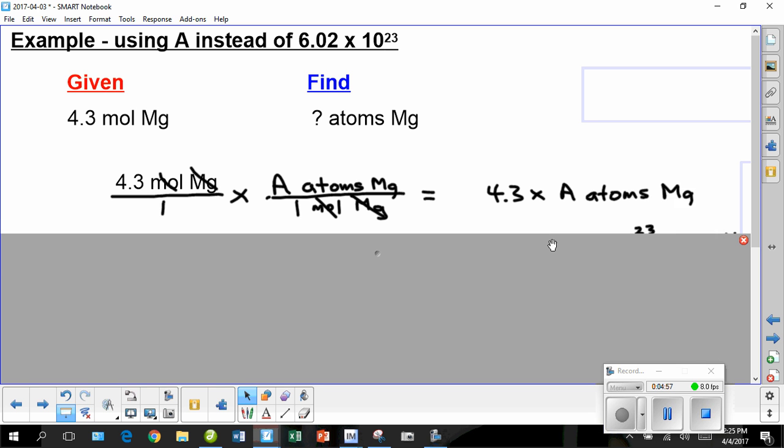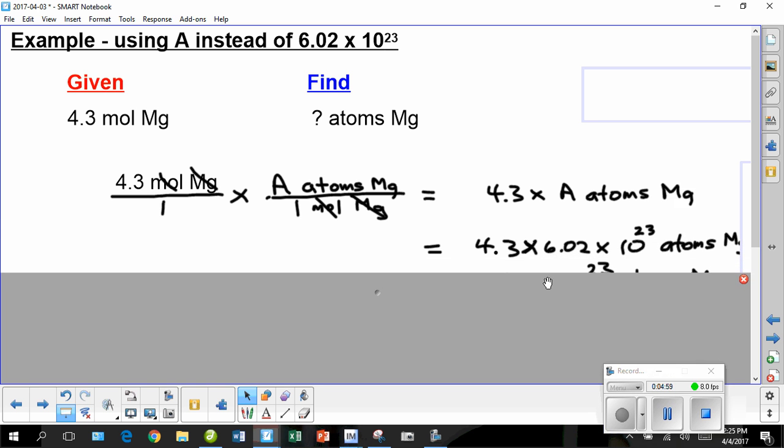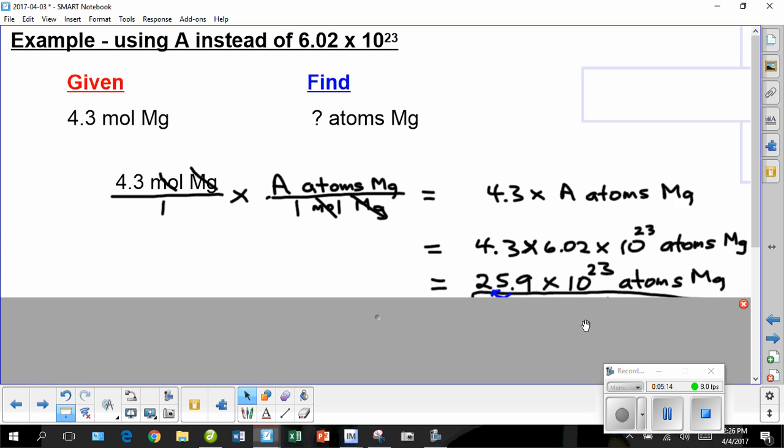And so as we go down here, we've got 4.3 times 6.0 times 10 to the 23rd atoms of magnesium. There we go. And so that works out. 4.3 times 6.02 is 25.9 when we round to 3 sig figs, which is all you need to do in these problems.